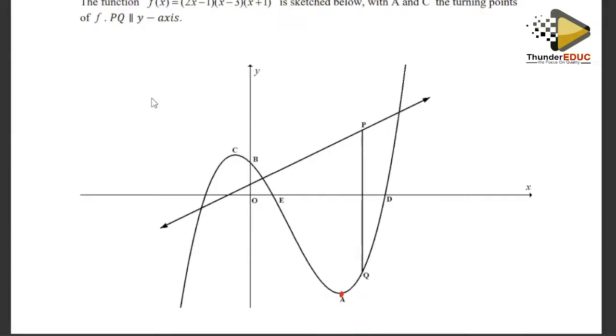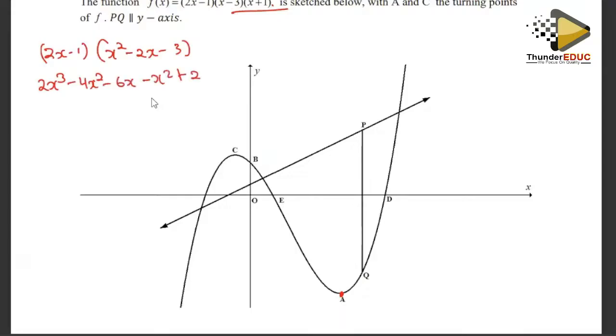So our first task is just to open this up, meaning that if I have my 2x minus 1, let me open these last two. So it's x squared plus x minus 3x, which is minus 2x minus 3. Open this up, it's 2x cubed minus 4x squared minus 6x minus x squared plus 2x plus 3.